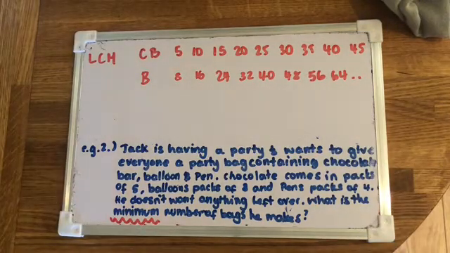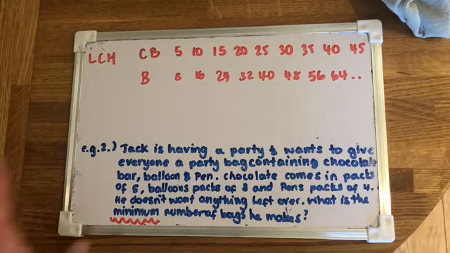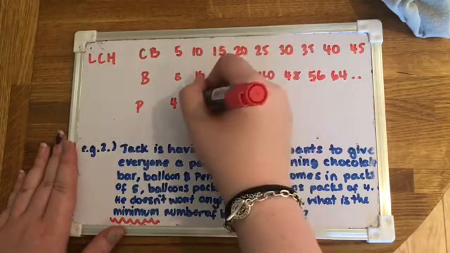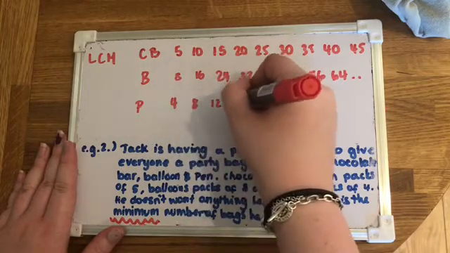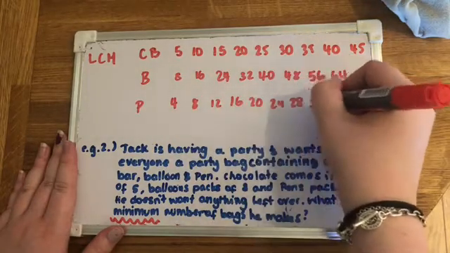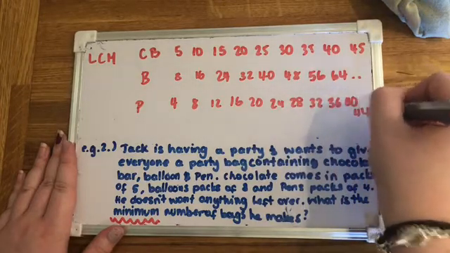Okay, now even at this point you might see some similarities already and work out which one it is, but we do need to finish it off by doing the pens. Pens come in packs of 4, so it could be 4, 8, 12, 16, 20, 24, 28, 32, 36, 40, 44.